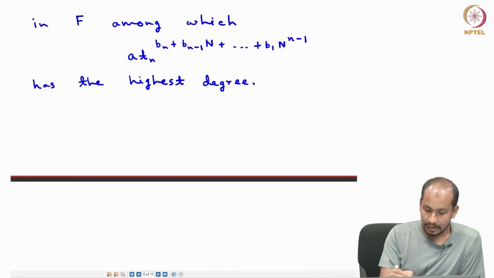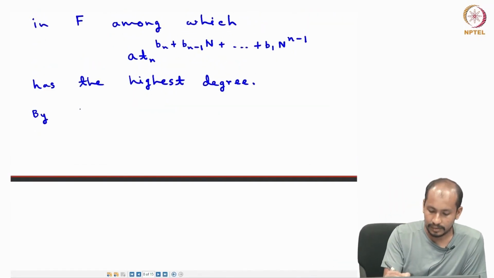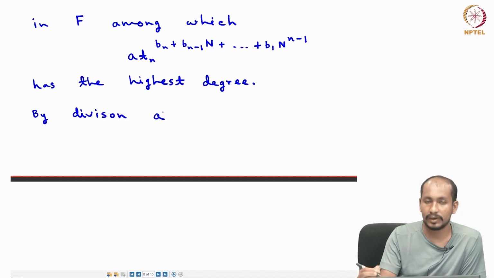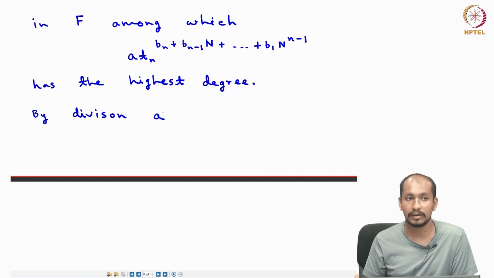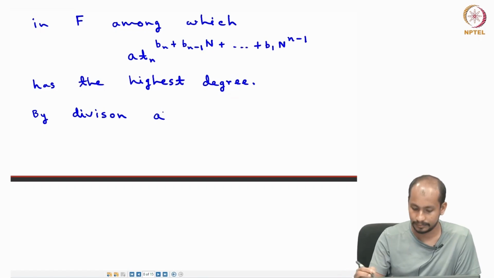Now by the division algorithm, which means when we divide an integer by a positive integer, we get a unique quotient and unique remainder.